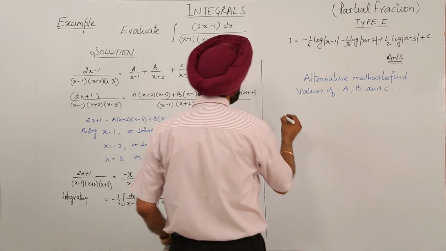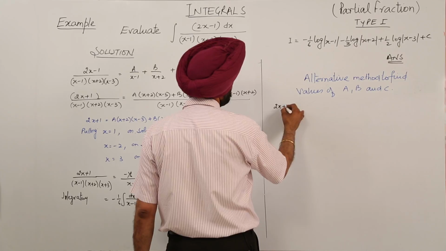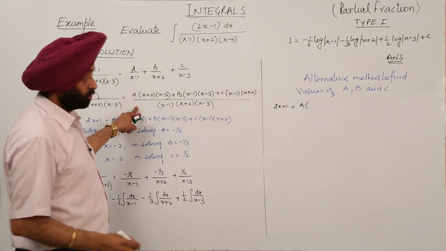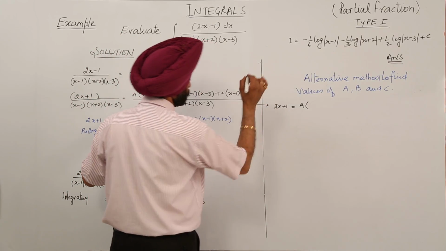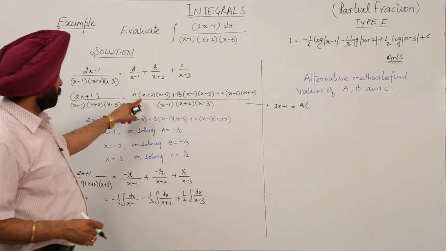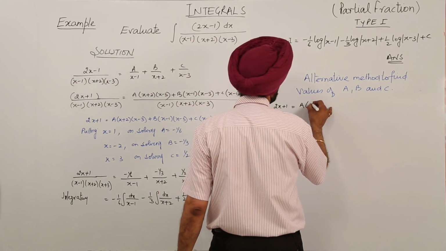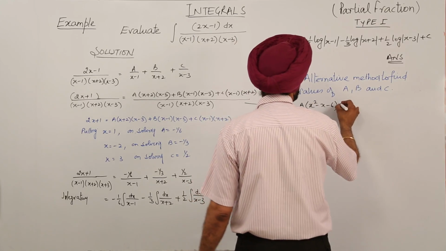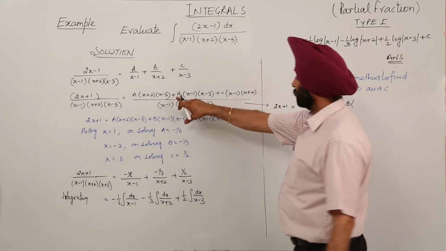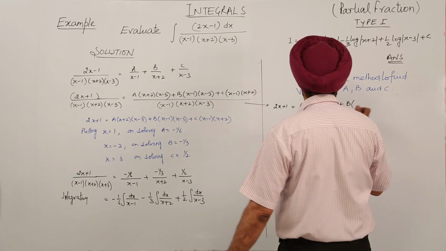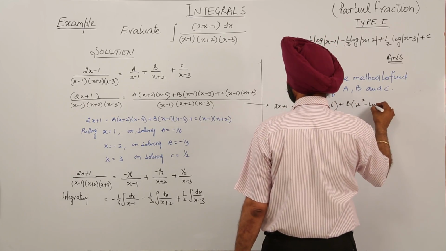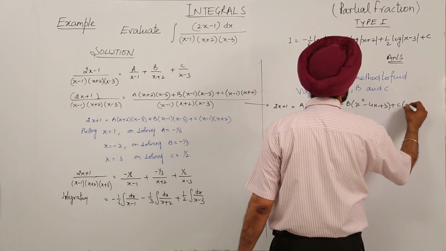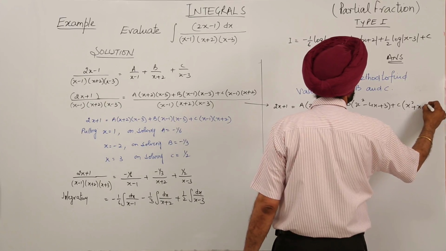Now we were having 2x + 1 is equal to A, from this part I am going. 2x + 1 is equal to A, multiplying these two, x² - x - 6, plus B, now multiplying (x - 1)(x - 3), we are having x² - 4x + 3, plus C(x - 1)(x + 2), we are having x² + x - 2.